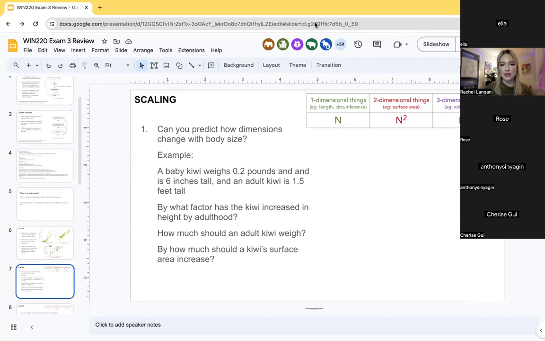So then you have to think, okay, surface area is 2-dimensional, so it should increase by 3 squared, or 3 times 3. So it should increase by 9 times. So that kind of basic dimension changing is what you'll be expected to do.